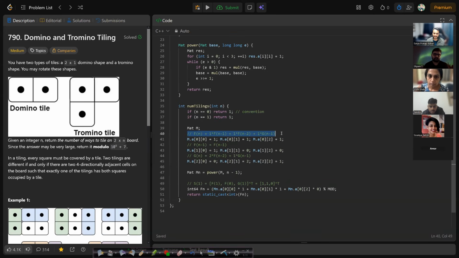So here I have written the recurrence relation. For each recurrence relation, what is the matrix value? I have written which recurrence relation I'm comparing it to, and how I have got these values, but you know how to get it. So you need not write these values. You can also write directly m dot a 3 by 3 or something.